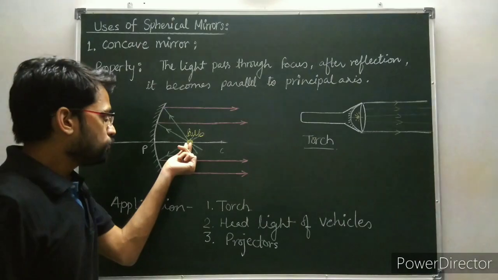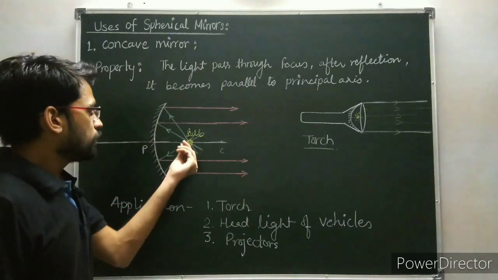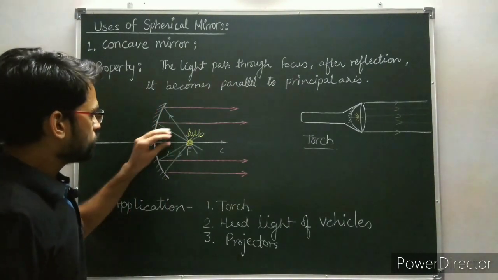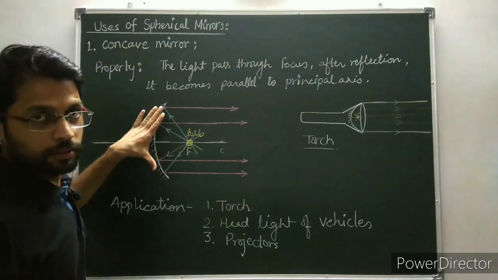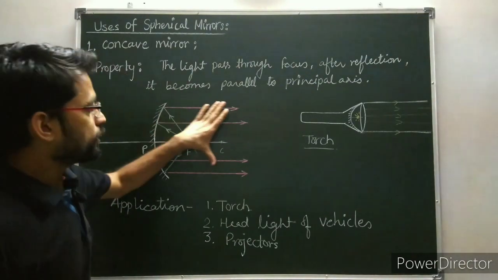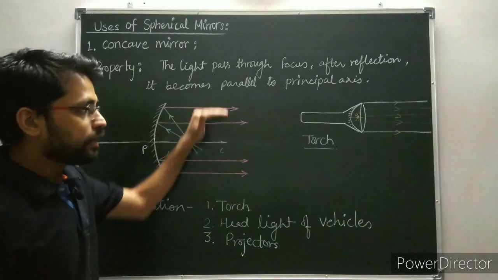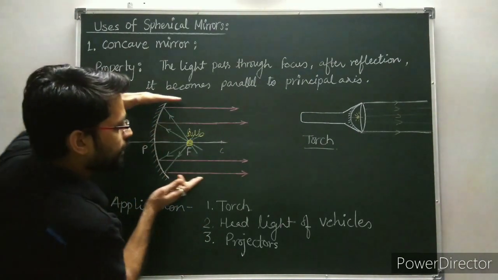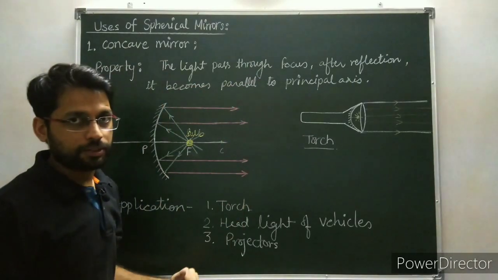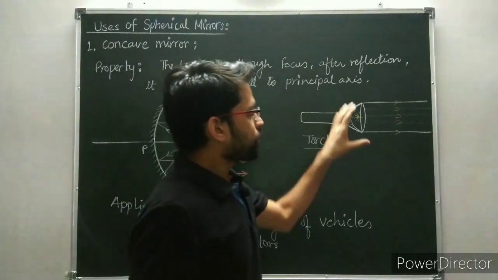When the bulb is at focus of the concave mirror, then all the light coming from the bulb after reflection becomes parallel to the principal axis and also parallel to each other. So a parallel beam of light is produced.